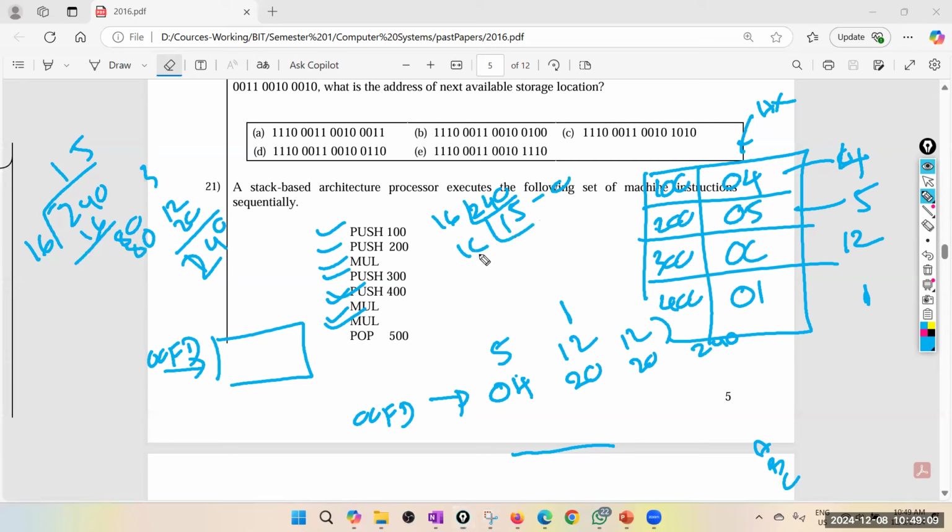Then 15 means F. So therefore it is F0. Yes. So the value popped to memory address 500 will be F0. Memory location 500 holds F0. So the final answer is F0.